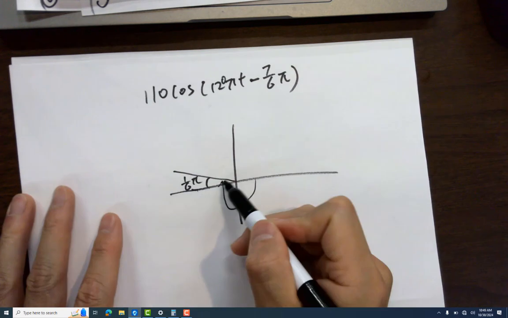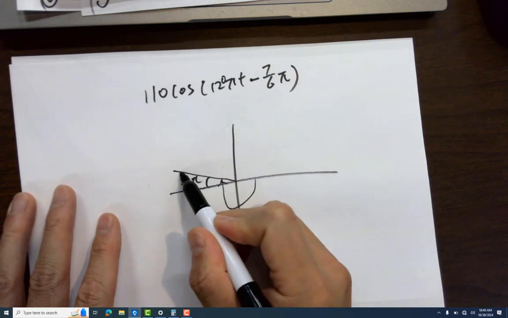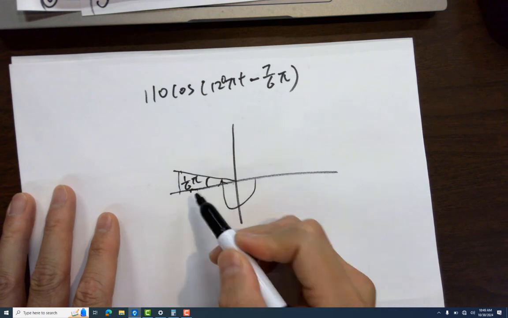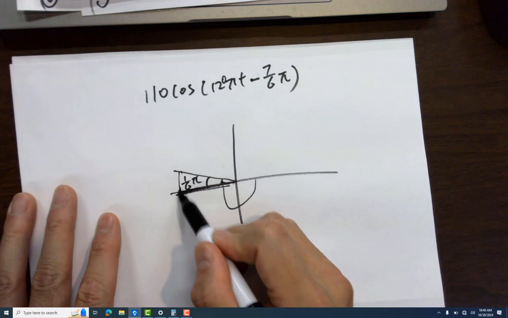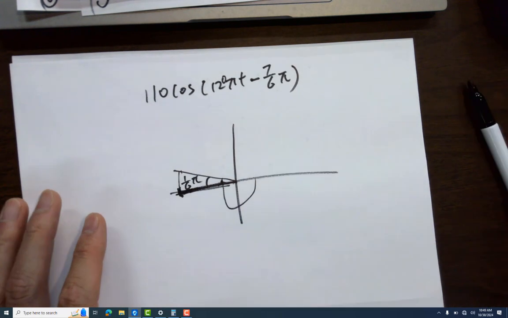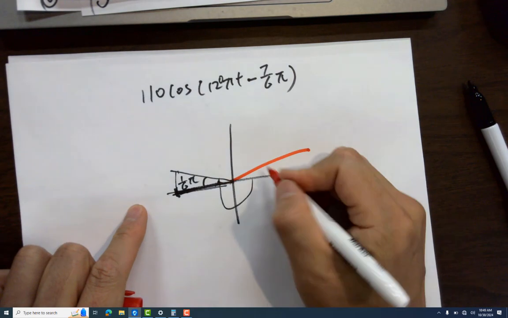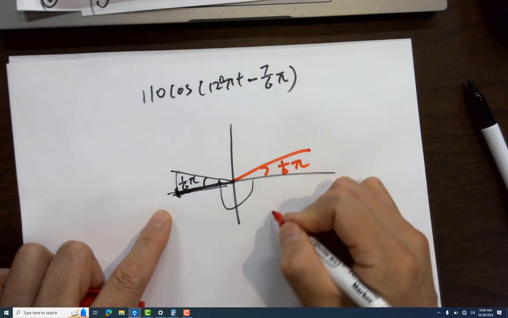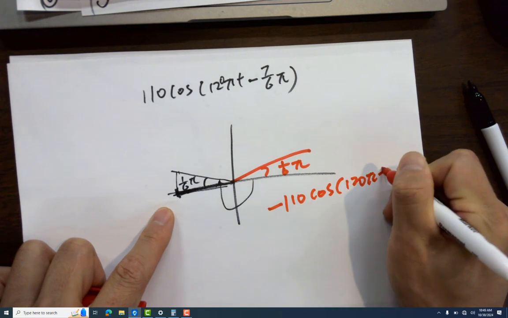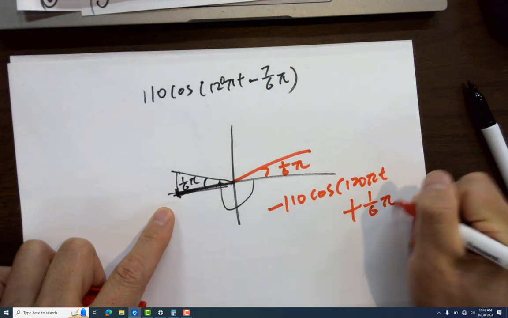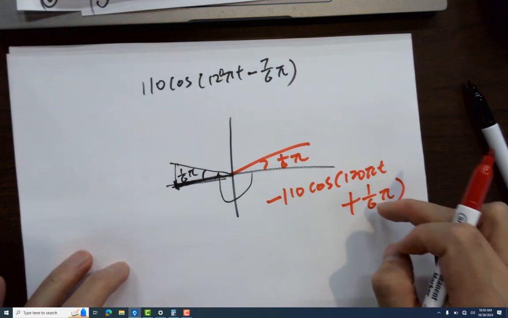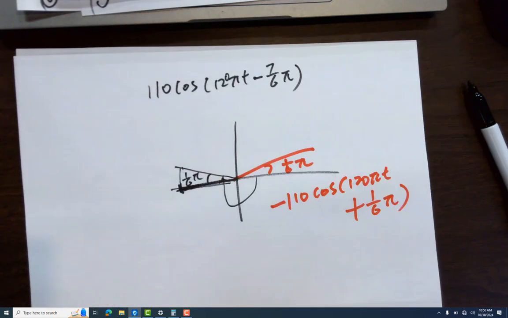So cosine of this thing is cosine of this guy, positive or negative? Negative. See, this bar here is negative. It's negative domain. So the cosine of this guy equals to what? Cosine of what? Same stuff. This is one of the choices. This is not. All right?